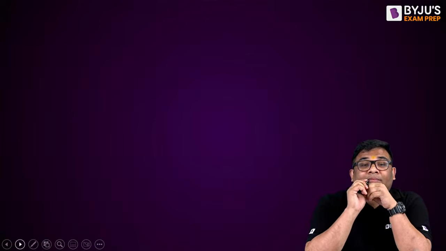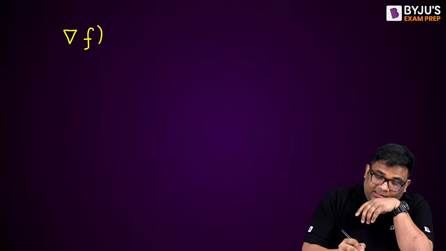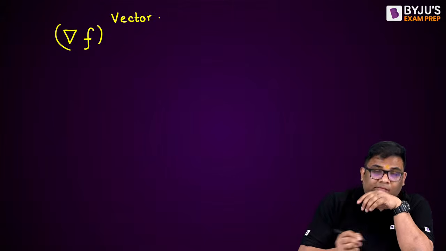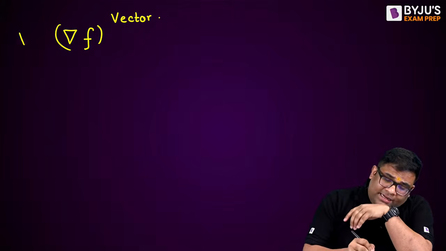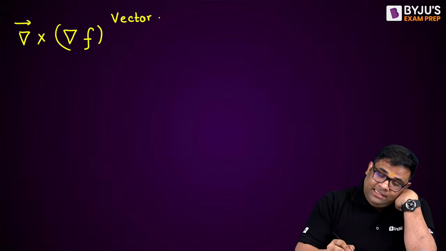Now tell me. This is a vector function, na? So I can take a curl also, I can do a cross product. This I can say is what?